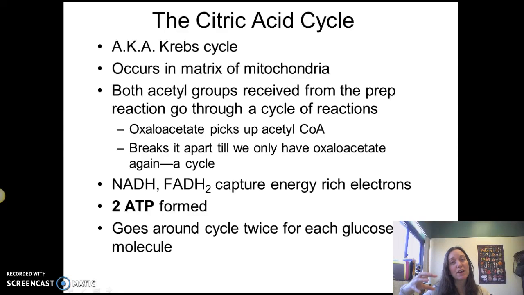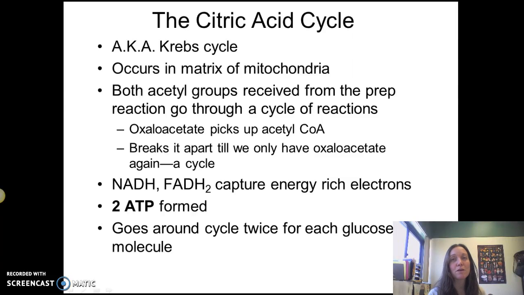And then this citrate gets broken down over and over, releasing a little ATP, releasing electrons, releasing CO2, until it ends up being oxaloacetate again. Therefore, it's a cycle. Oxaloacetate bonding to something and being broken down back to oxaloacetate. Then the oxaloacetate can bond to another acetyl-CoA, and the cycle can continue.